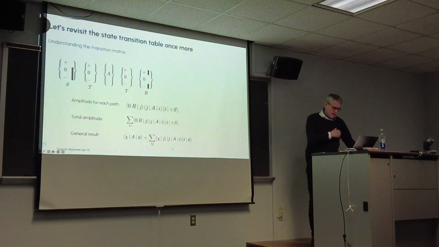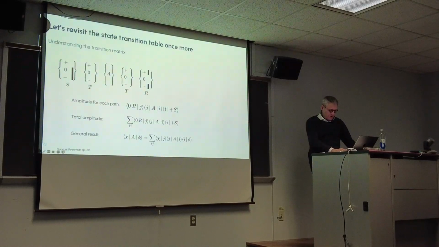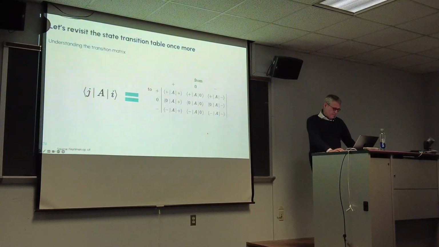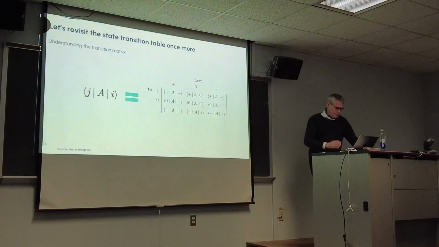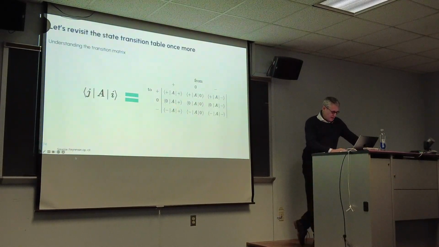And this basically is a decomposition of the amplitude from phi to chi as a sum. And later on, we will learn that this can also be an integral. And so if we look at it once more, the amplitude to go from I to J via the operator A can be written like this, right?